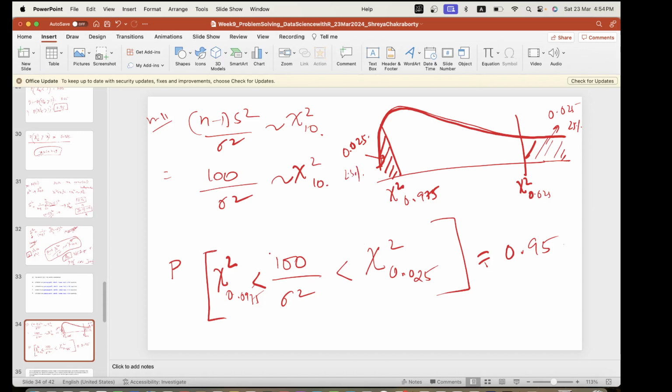So if my chi-square variable is falling between these ranges, then this area which is unshaded, that would be 95%.